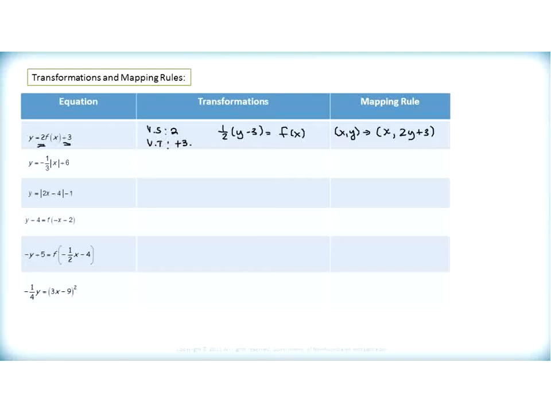Let's look at example number 2. There are 3 transformations here. The negative, located right here, represents a reflection in the x-axis. Let's write that down.